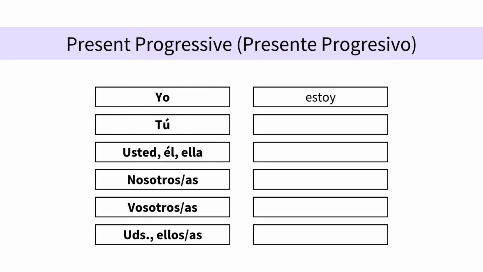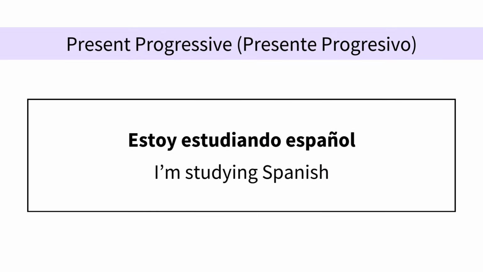In the present progressive, presente progresivo, we have estoy, estás, está, estamos, estáis, están. For example, estoy estudiando español.